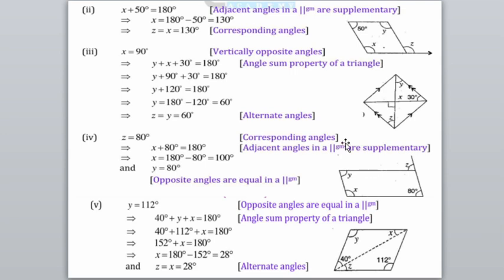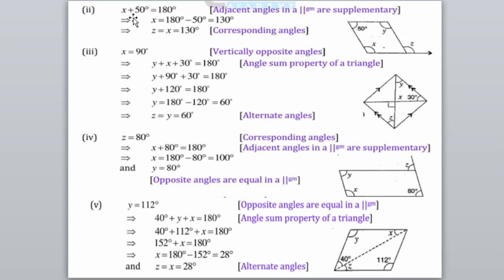Then next, second. In the second parallelogram, here also we have to find out the values of x, y and z. One angle is given, that is 50 degrees, and here two interior angles we have to find out, that is x and y, and z is the exterior angle of the parallelogram.